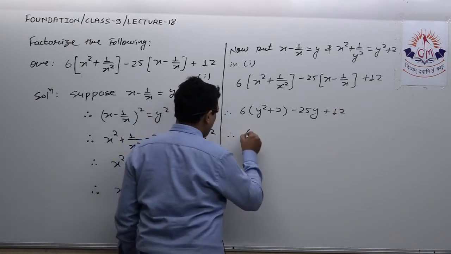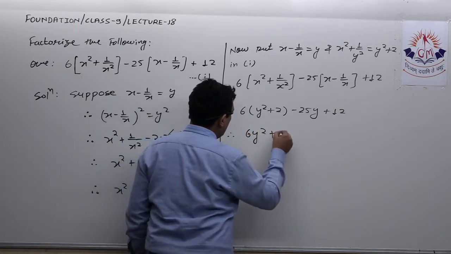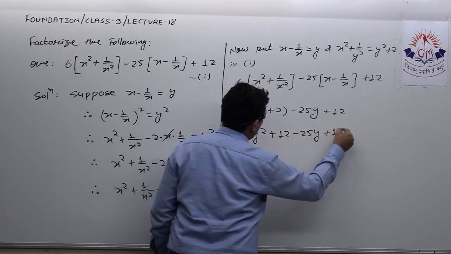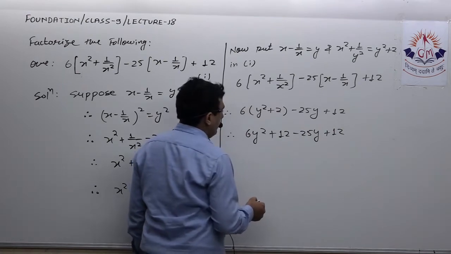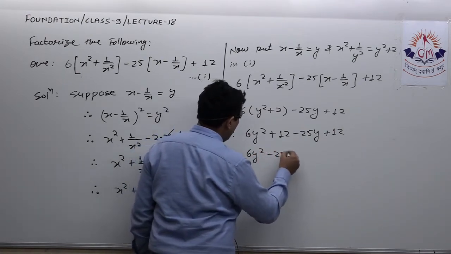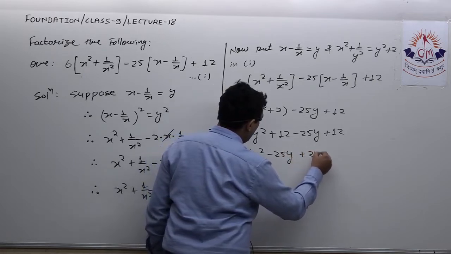This will become 6y² + 12 − 25y + 12. Ultimately I'll get 6y² − 25y + 24.